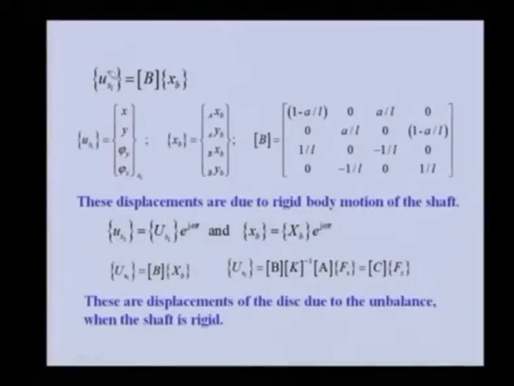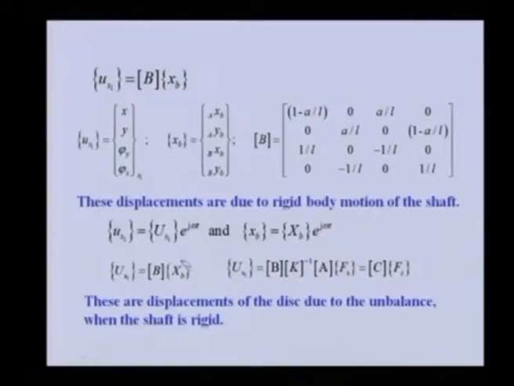Now, we will consider the flexibility of the shaft also, but before that let us write this particular displacement in the frequency domain, in this particular form, in which these displacements will have harmonic motion, the same as the spin speed. This is the complex quantity. Similarly, the bearing we have already written earlier like this. So, if we substitute this here, we can get the shaft displacement in complex form in terms of the bearing displacement.